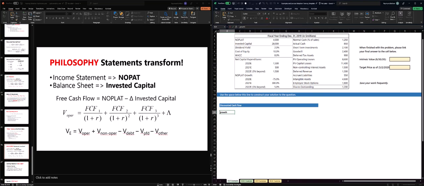So I'm just going to put NOPLAT growth. I'll start with, let's just say, time right there. So I'll start with 0. For some reason, this thing takes too long to load.